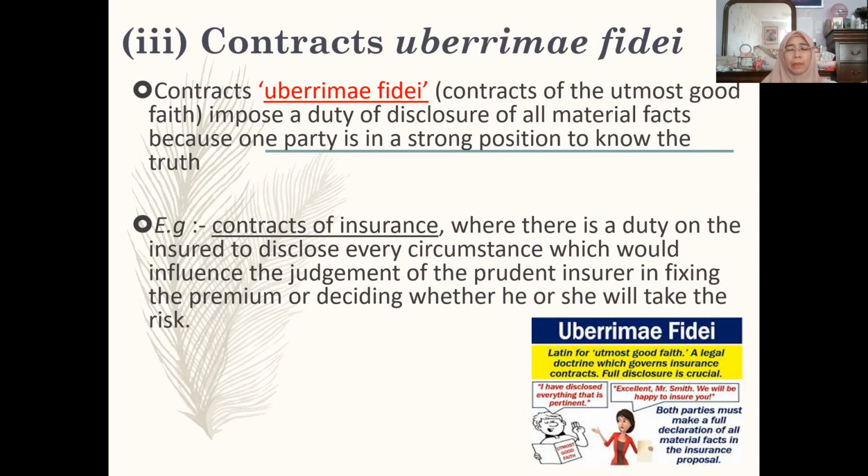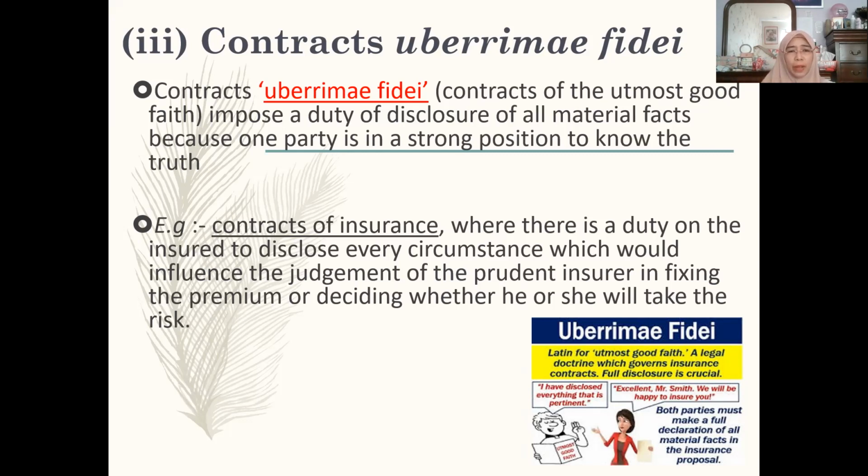Meaning that in that particular position, there is a duty on the insured, the client, to disclose every circumstance which will influence the judgment of the prudent insurer. For example, with regards to medical insurance, the insured, the client, must disclose whether he has any illness or not. Cannot really keep it secret.